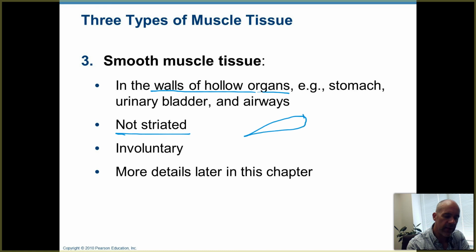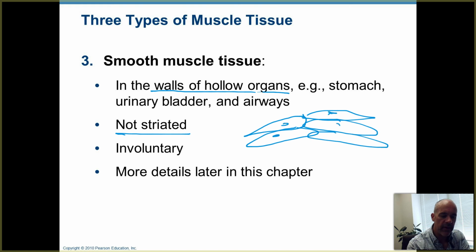And what it really looks like are a bunch of very thin, spindly-looking cells that are linked together. And those individual cells are capable of contracting when that smooth muscle needs to do that. Involuntary, you don't think about contracting your smooth muscle.